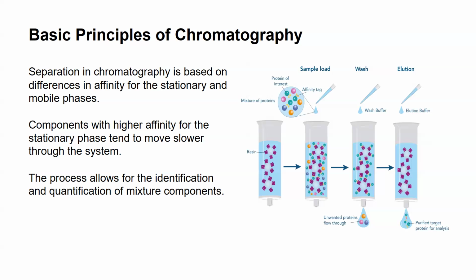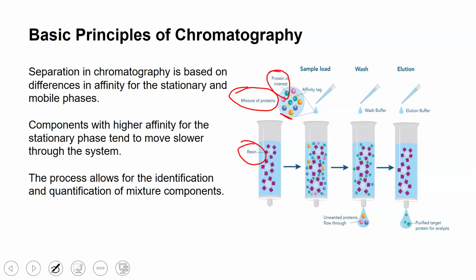That is why sometimes we use elution buffer. Assuming now, let's say this is the protein of interest. This is the mixture of proteins, as we can see from here, and this is the resin. You need an affinity tag. There are so many proteins, but this is the protein of interest.